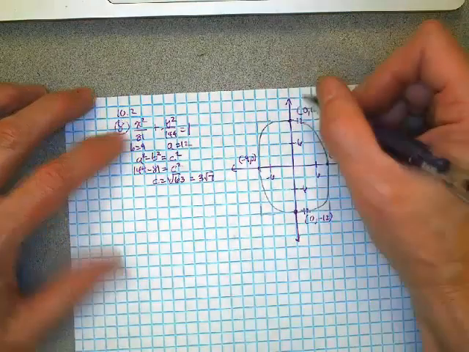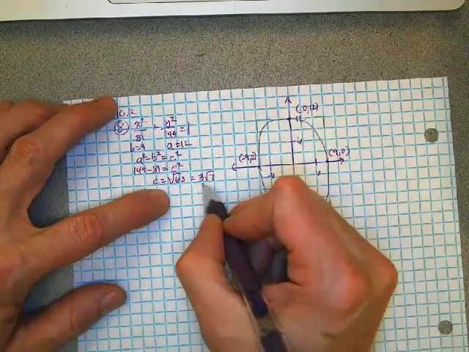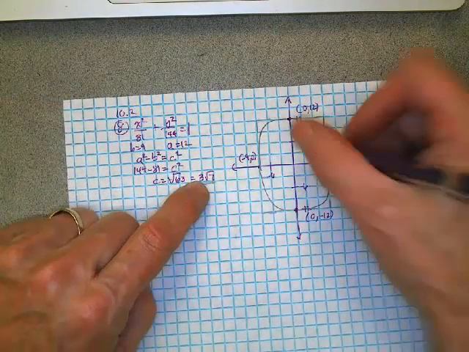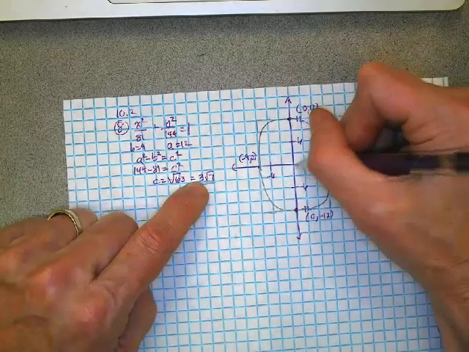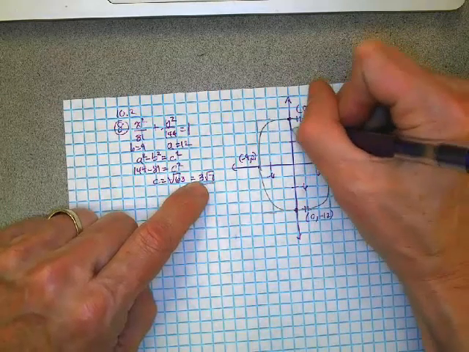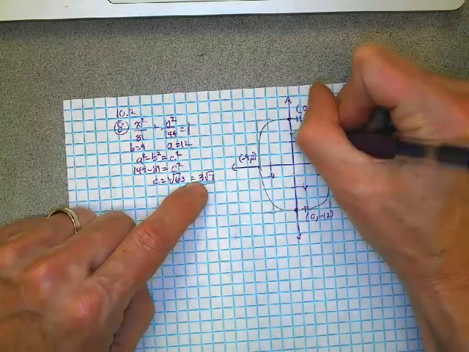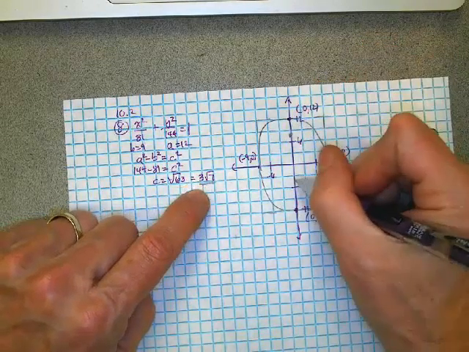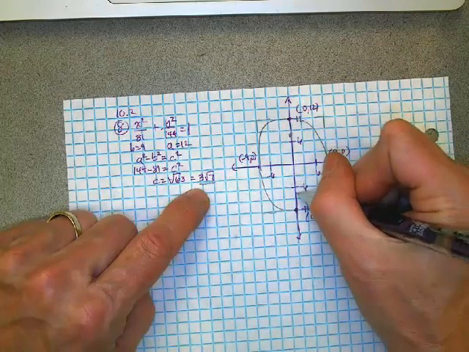And now my c value is plus or minus 3 root 7, so I'm going to go up. It's just a little less than 8, so this would be 9. So 8 would be about right there, so I'm going to say it's about right there for one of the foci, and the other one is about right there.